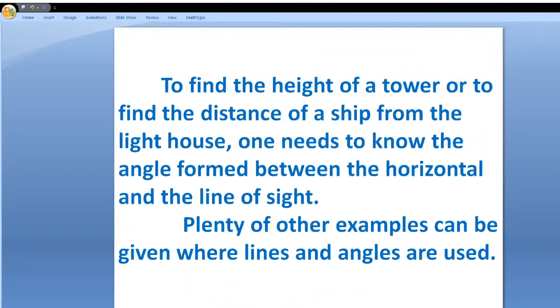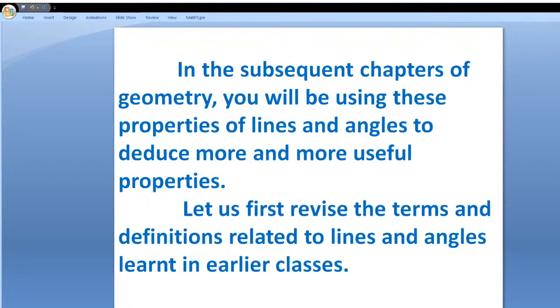To find the height, this is the interesting one, to find the height of a tower or to find the distance of a ship from the lighthouse, one needs to know the angle formed between the horizontal and the line of sight. Plenty of other examples can be given where lines and angles are used.